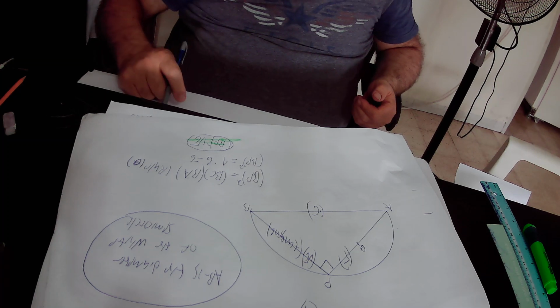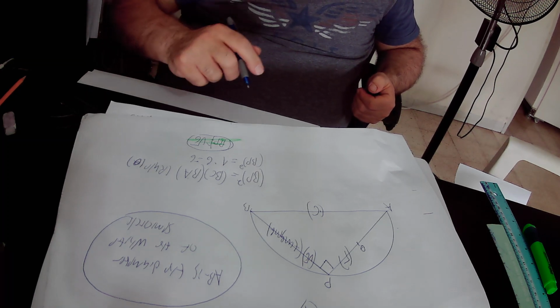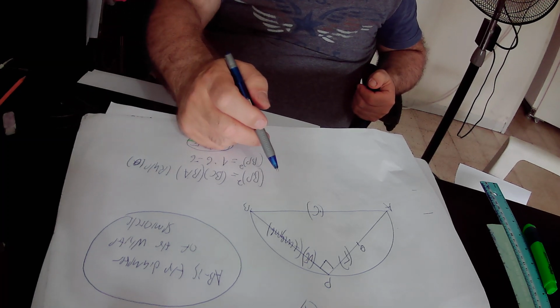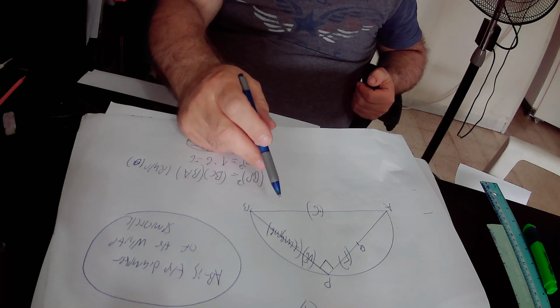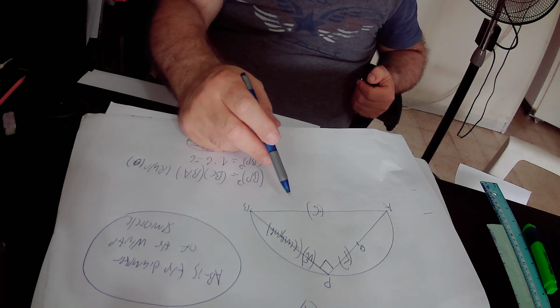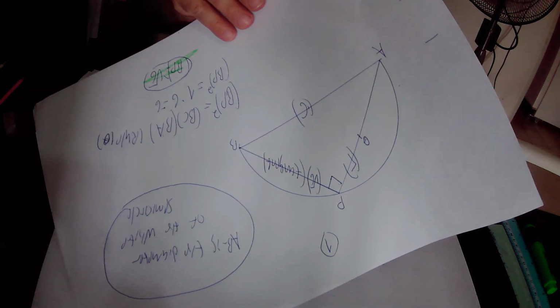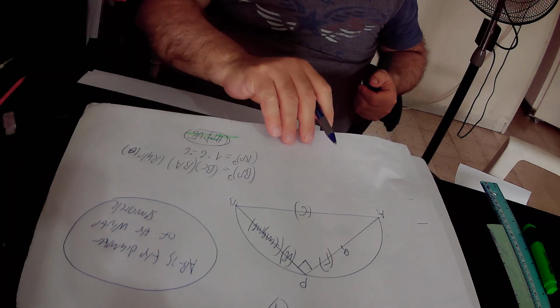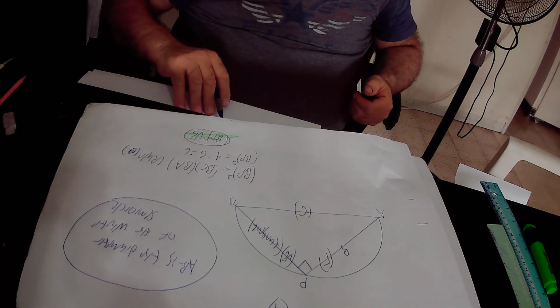In the next step, I'll copy the right triangle APB onto a new page, and we'll implement the Pythagoras theorem in the right triangle APB.